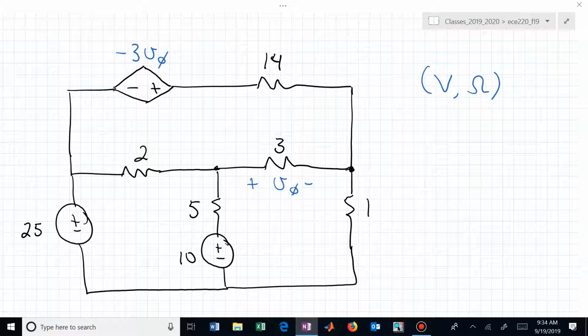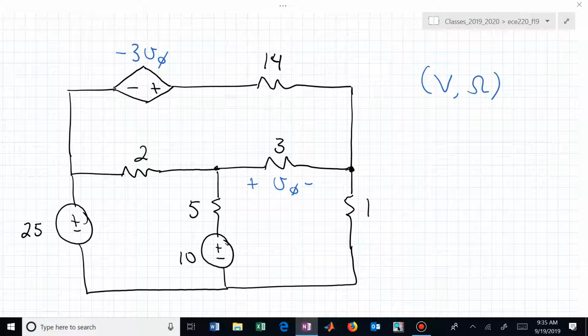You would have to be given the dependent variable, wherever or whatever that consists of, and how that then impacts your dependent sources. Here's the circuit, and we now want to know what's the power associated with that dependent source.